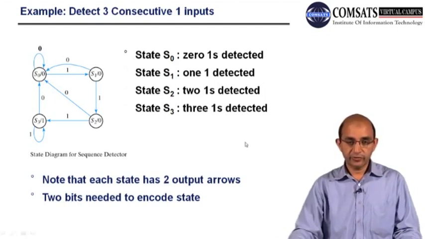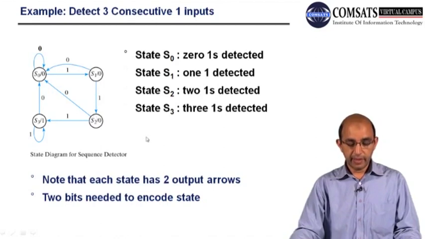So here are some very important points that have to be noted. You can see that we have 2 output arrows from each state. This is one arrow for S0 and this is the second. If I talk about S1, we have this arrow and we have this arrow, so it's 2 arrows for each state.